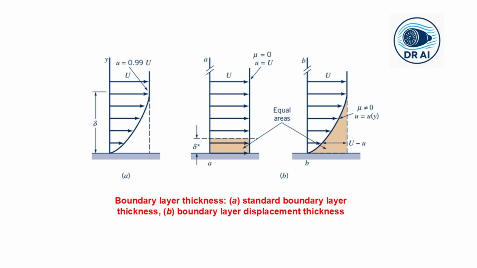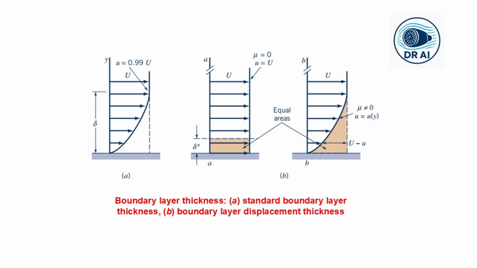Now look at part B of the figure. Because of the velocity deficit within the boundary layer, the flow rate across the vertical section is less than it would be if the flow were uniform. So the displacement thickness represents how far we would have to displace the plate outward to get the same flow rate with uniform velocity.